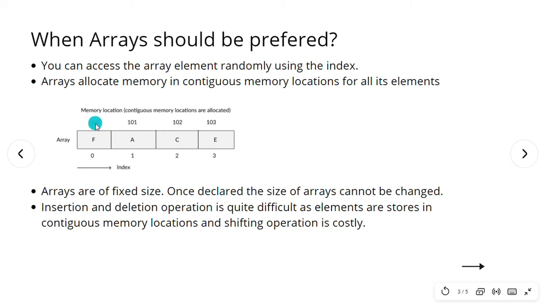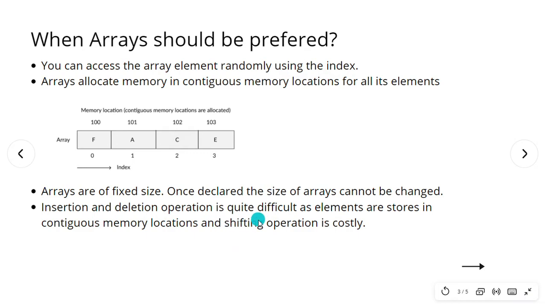So if the first memory starts with 100, then the next will be 101, 102, 103, continuing in a continuous manner. Arrays are of fixed size, as we have seen in our previous slide. Once declared, the size of an array cannot be changed.